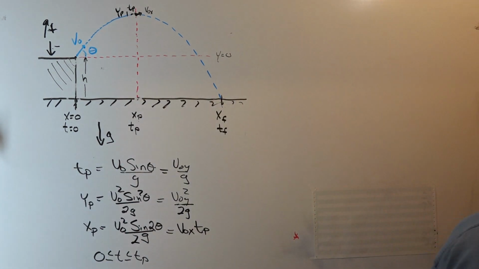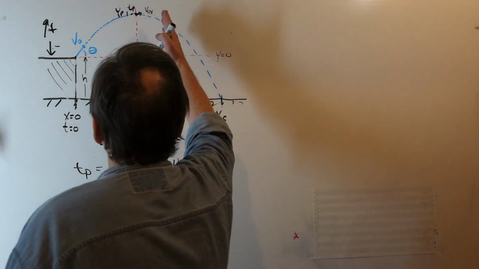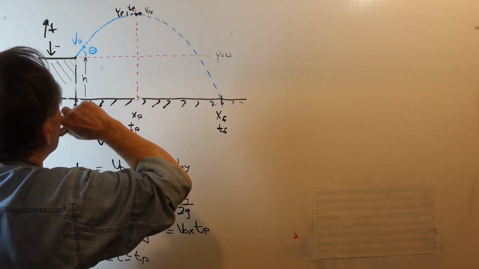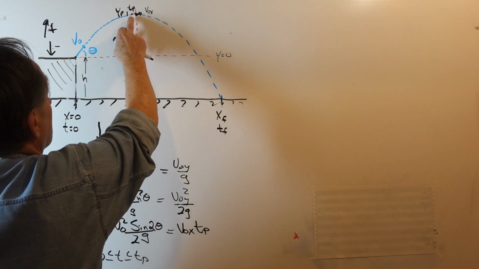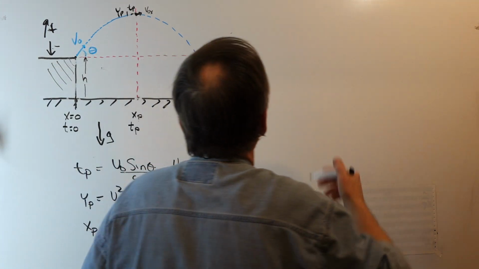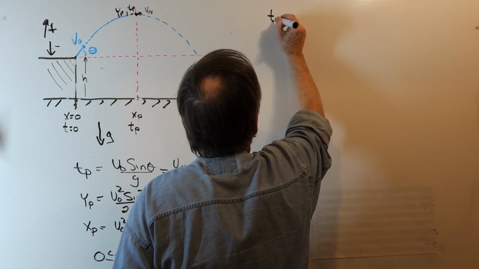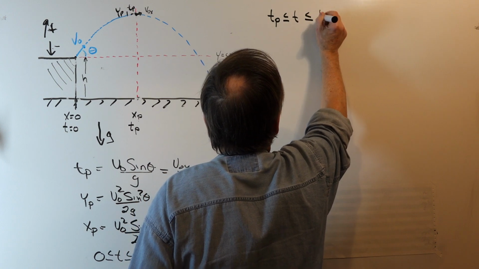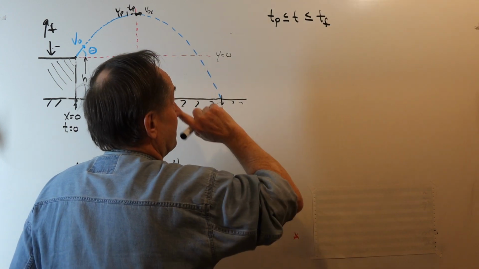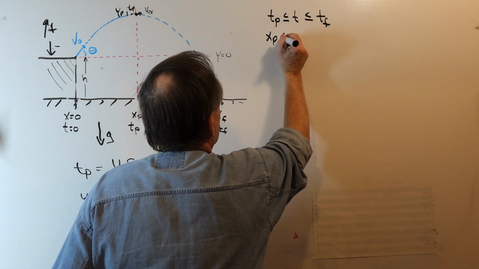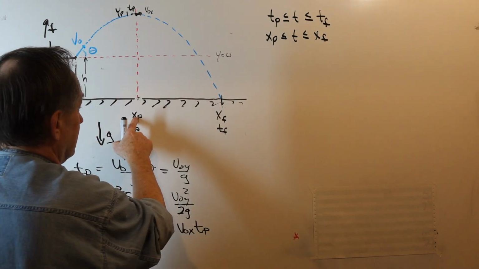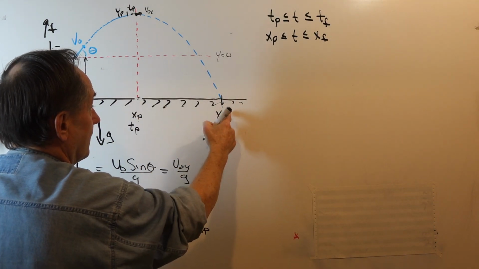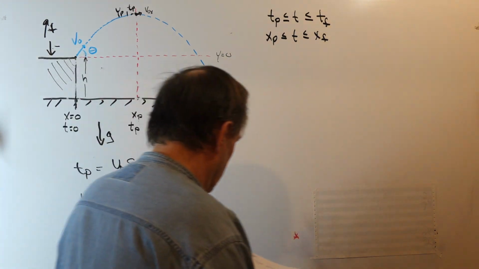So, two forms of the same thing. Now, we're going to look at the flight after it's reached the peak. We're starting from t peak. We're starting our time counter at this point. So, we're going to be going between the interval where it's reached the peak to when it hits the ground at its final time, and x goes between x peak and the final position when it hits the ground.